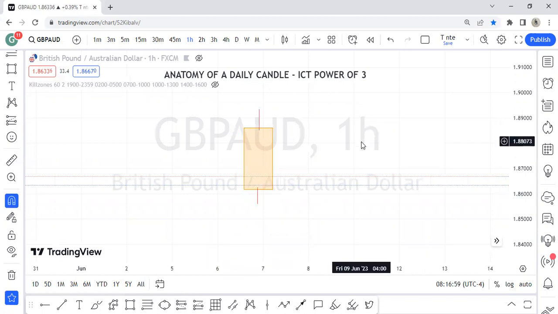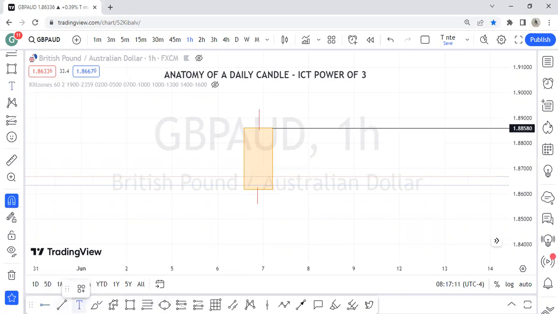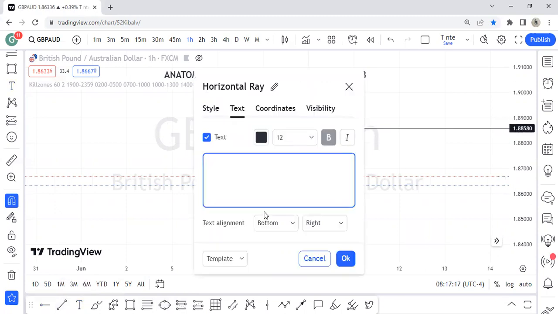Now, we're going to label this candle very carefully. Let's assume that this is a bearish candle. I'm going to do some labeling now so you guys can get the gist. This is really going to blow your mind.